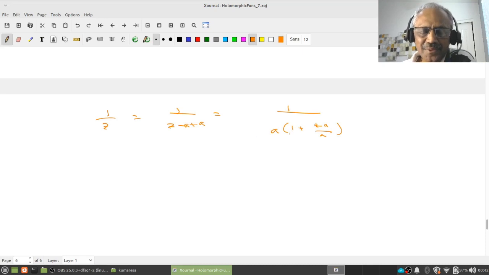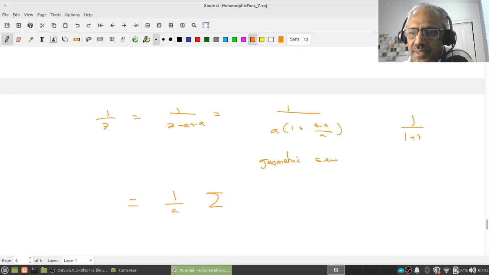The moment you see 1 upon 1 plus x, you should think of a geometric series. Therefore this is going to be 1 by a times the summation. 1 by 1 plus x, what is the geometric series? This converges when mod x is less than 1.